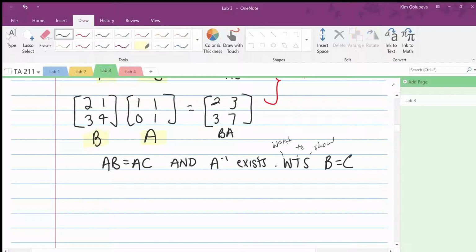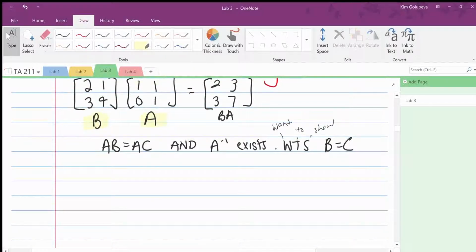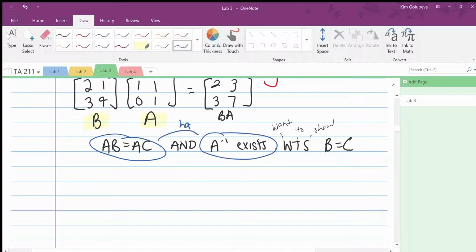Okay? So when we're approaching proof questions, one thing that we want to make sure that we do is, first of all, we understand what we have. We're given these two things, and this is what we want to prove. So let's just write out what we have right now.